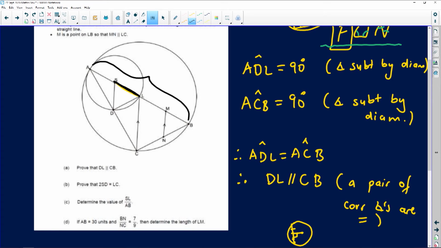Okay. Now, what I normally do in these kinds of setups is I like to introduce variables. If you introduce a variable, particularly if you're dealing with SLs and ABs and PQs or angle B1 and angle B3 and angle B7s, and I want you to prove something is equal to something or find some ratios, I always introduce a variable.